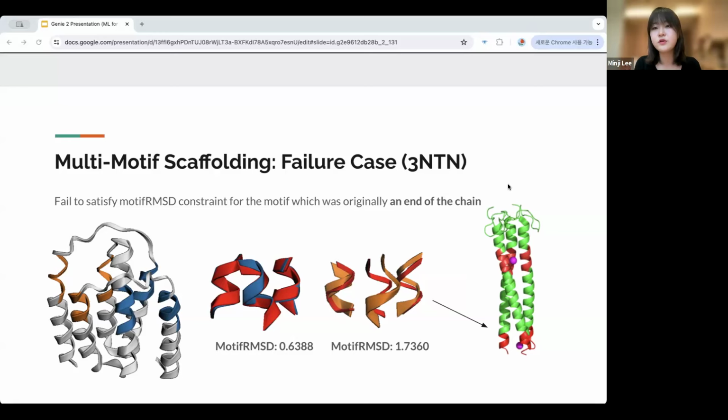So this can be one reason why it's failing in this problem. We also speculate that the configuration of the motif and scaffold residues and the order might be problematic. So it will be interesting to revisit this problem with a future version of Genie trained on multimers also.